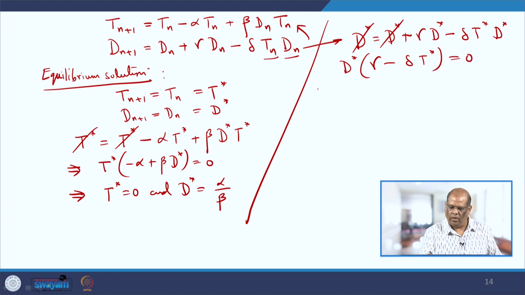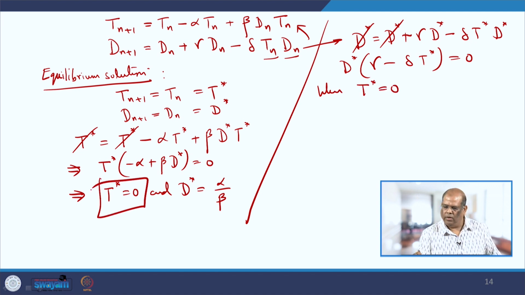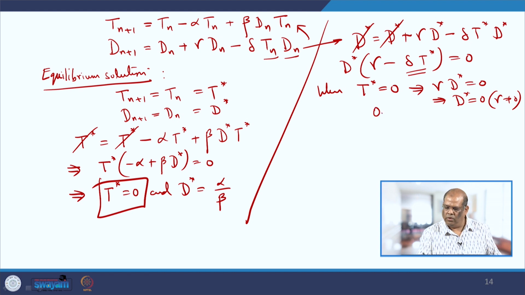Now, when t star is equal to 0, we are using this. This will imply, so this part vanishes, gamma d star equal to 0, which will give d star equal to 0 as gamma is not equal to 0. So 0, 0 is one of the equilibrium solutions.